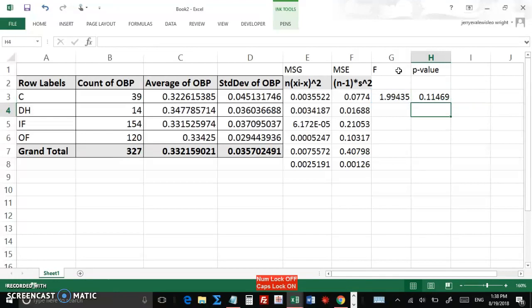And there it is, 0.11469. That's a pretty high p-value, which means that if the null hypothesis is true, if all these population means are truly equal, there's about an 11.5% chance of getting sample means as far apart as we got right there. And that's how you do analysis of variance.